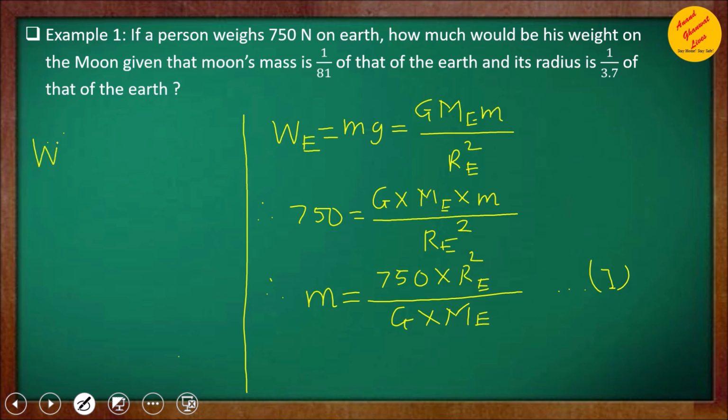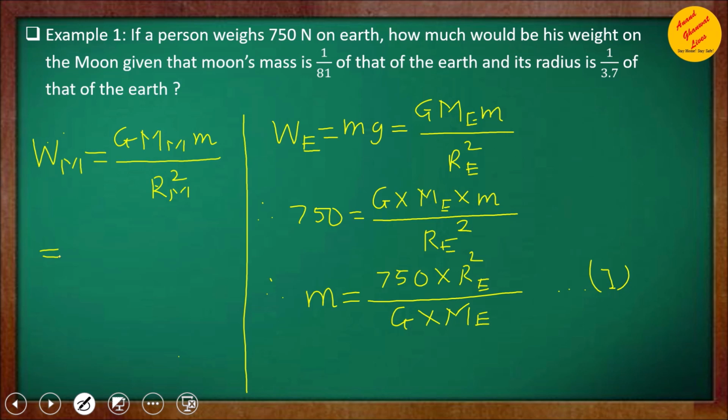Now the weight of the person on the moon is again mg, which is G into Mm, mass of the moon, into m, mass of the person, upon Rm square.